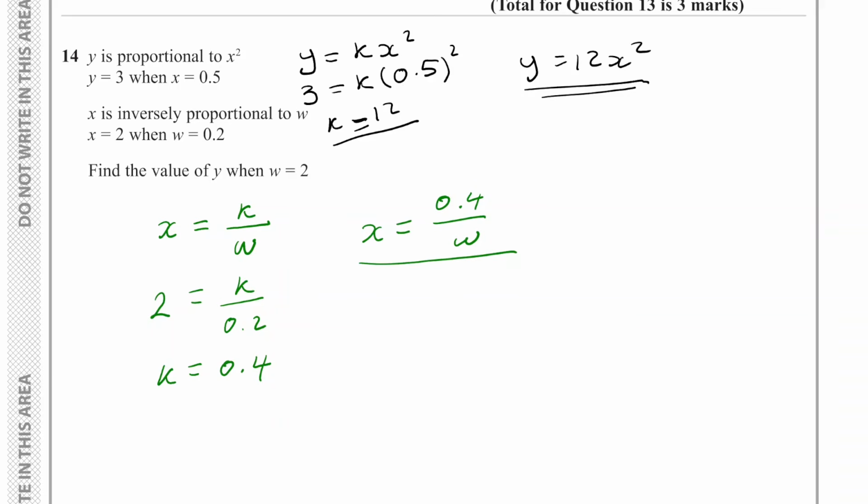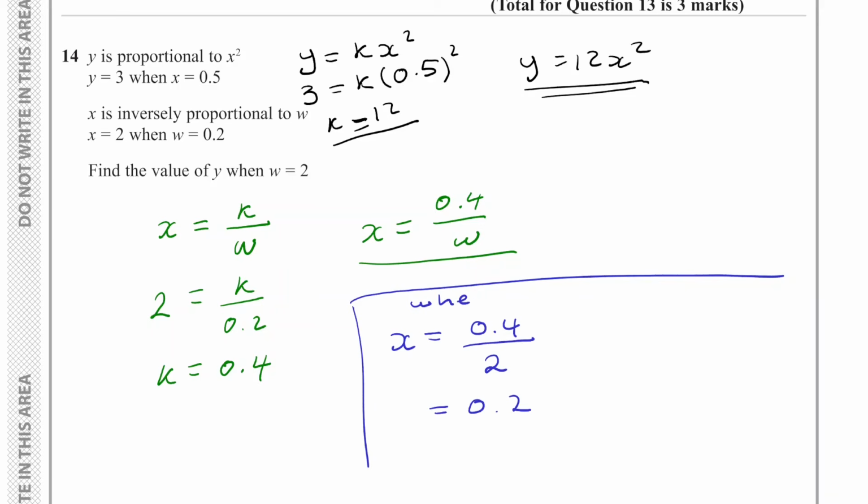Find the value of y when w equals 2. So all we've got to do is substitute 2 into our w formula. So x is 0.4 over 2, which is 0.2.